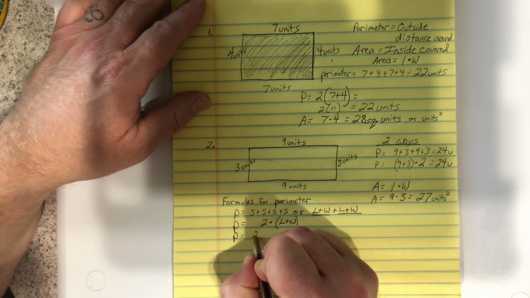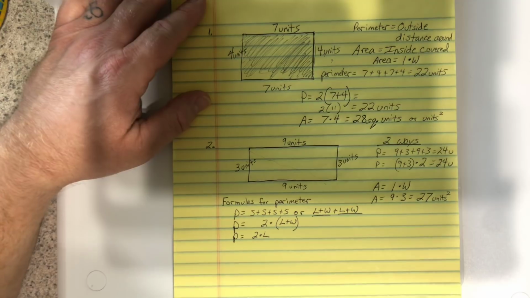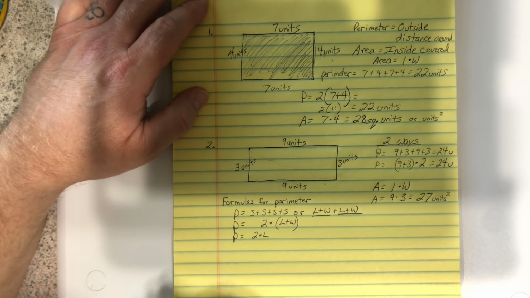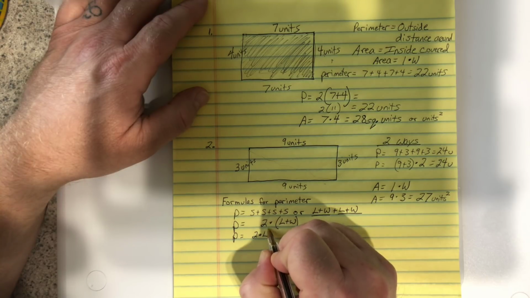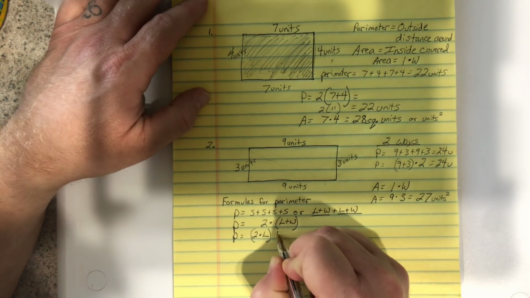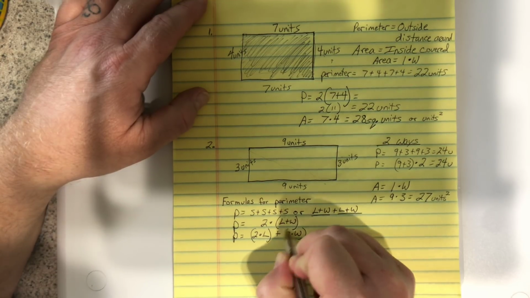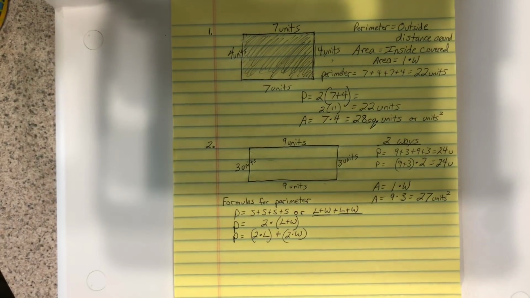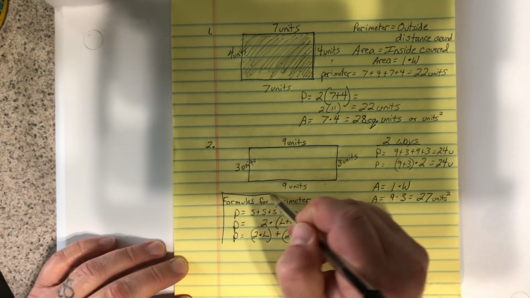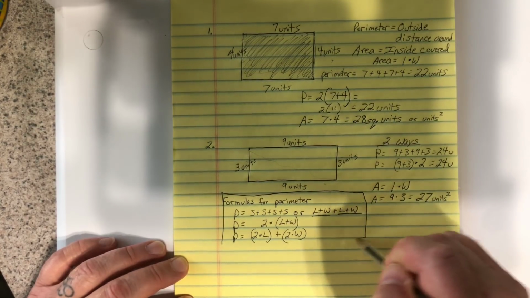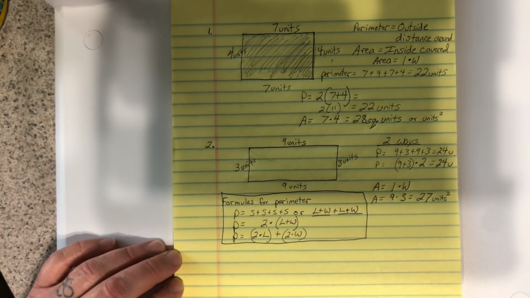You can take 2 times the length, okay? So 2 times the length, and then add that to 2 times the width. Okay, so any of these 3 formulas for perimeter will give you the correct answer when you're looking for perimeter.